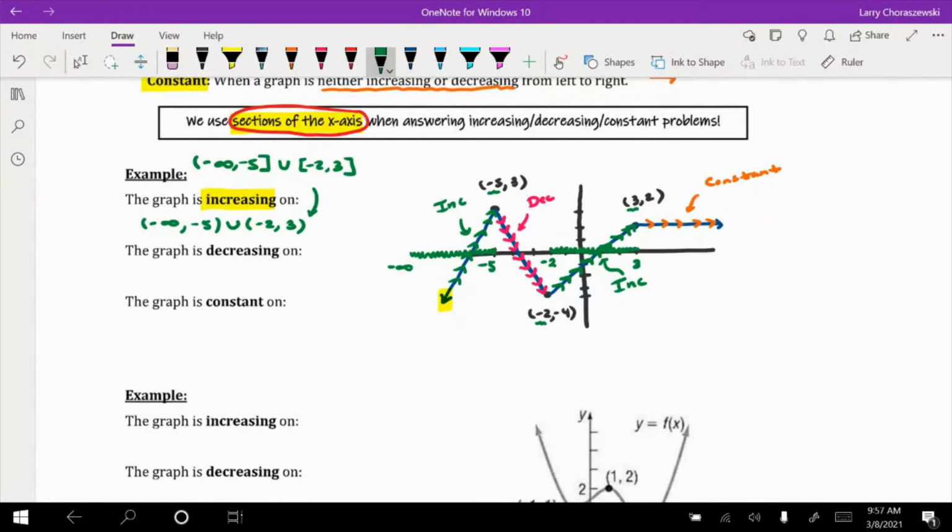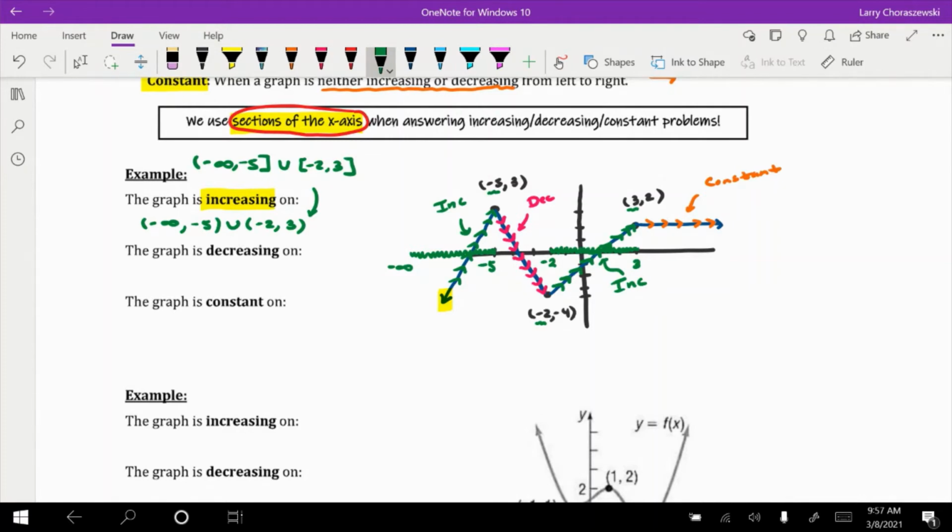Now, I'll let you know that courses beyond ours, say like calculus, it actually starts in Calc 1, they typically use parentheses on these values of x where the behavior changes.